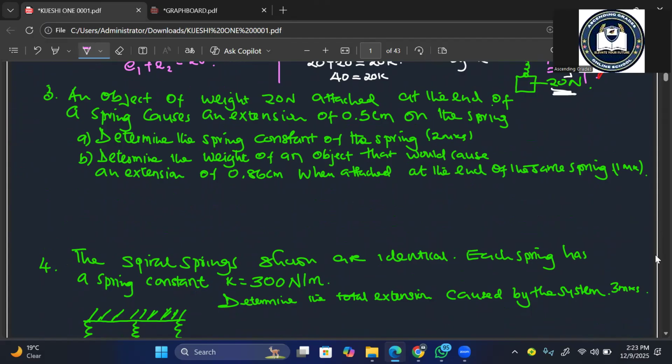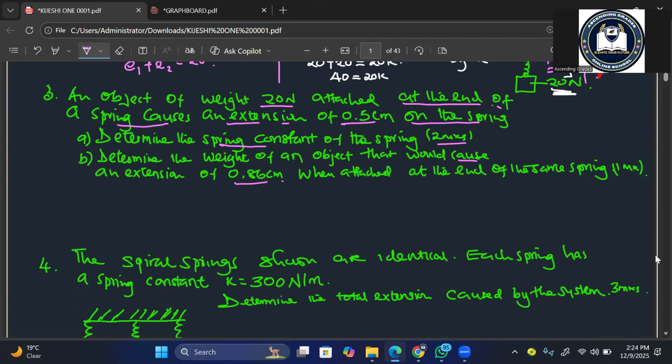An object of weight 20 newtons is attached at the end of a spring, causes an extension of 0.5 centimeters on the spring. Determine, that is A, the spring constant of the spring. You are awarded 2 marks. Then part B, determine the weight of an object that would cause an extension of 0.86 centimeters.